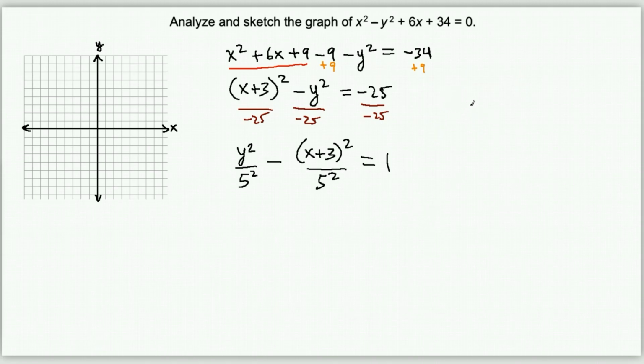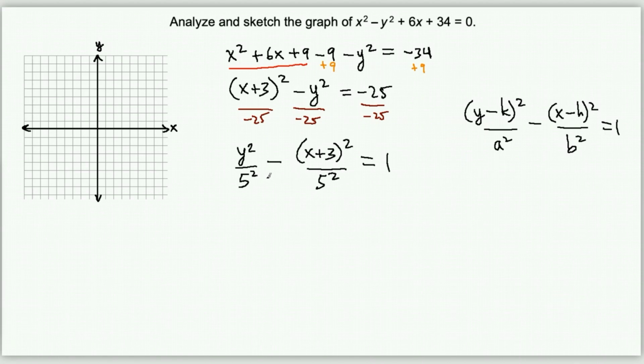Remember that in this case, the standard form equation can be written as y minus k squared over a squared minus x minus h squared over b squared is equal to 1. If we compare the numbers with the constants that we need to find, we understand that the a value is equal to 5, and the b value is equal to 5 as well.